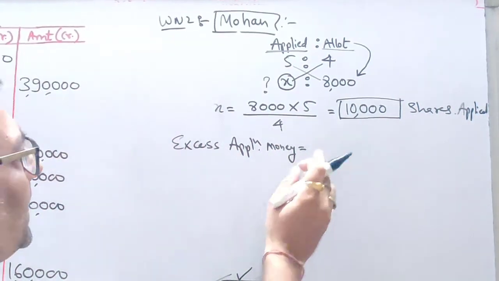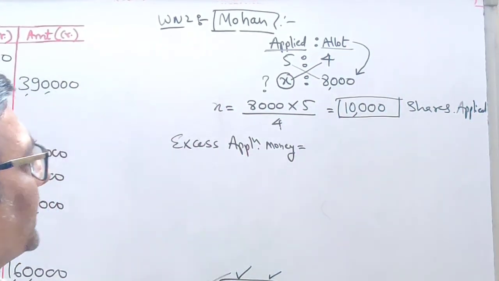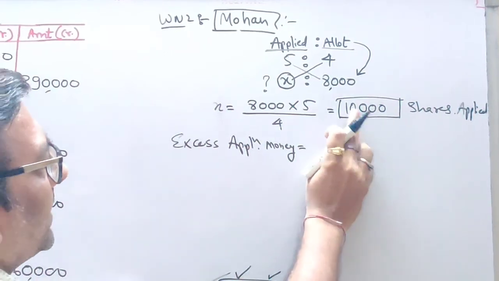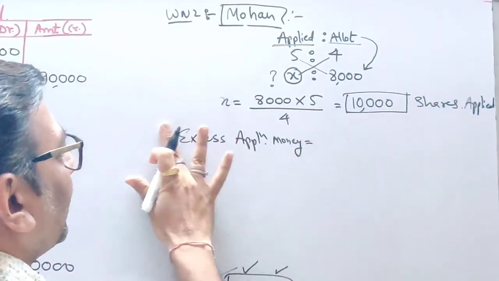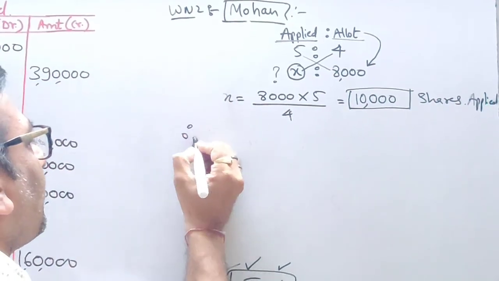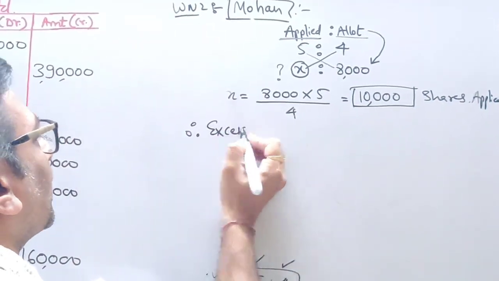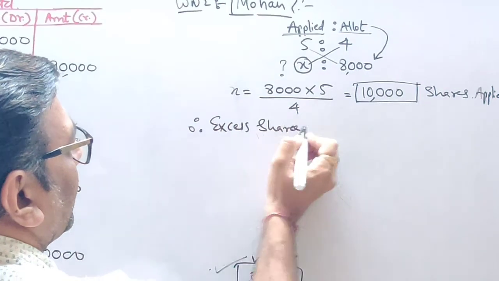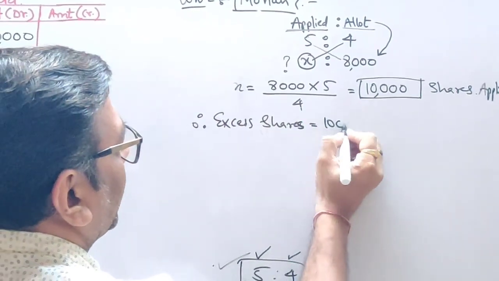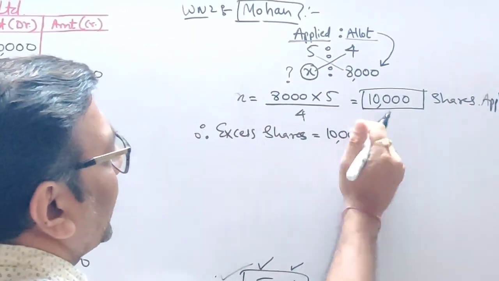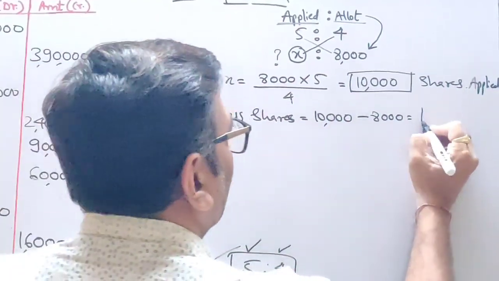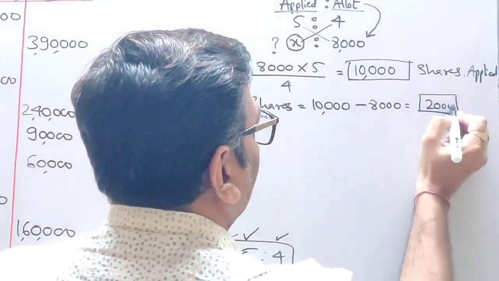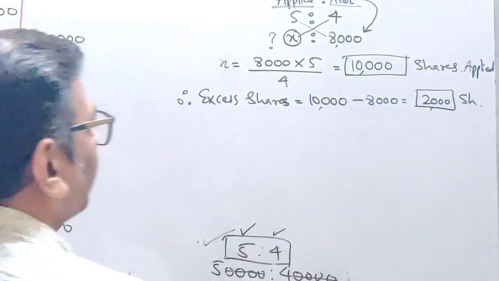So can you tell me how many excess shares are there? You have to minus this, 10,000 minus 8,000. So I will write first, excess number of shares. Excess shares are 10,000 which he applied for minus 8,000 which we have allotted. So excess number of shares are 2,000.